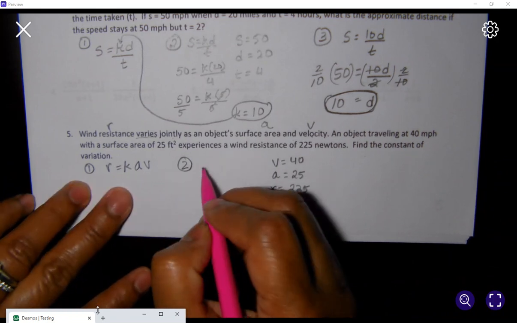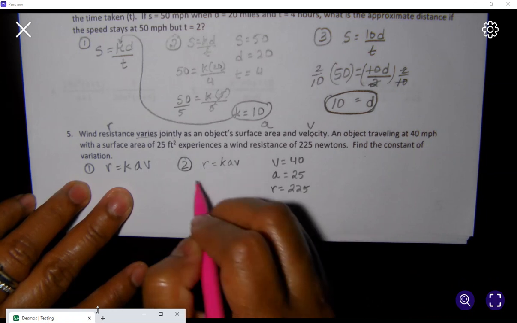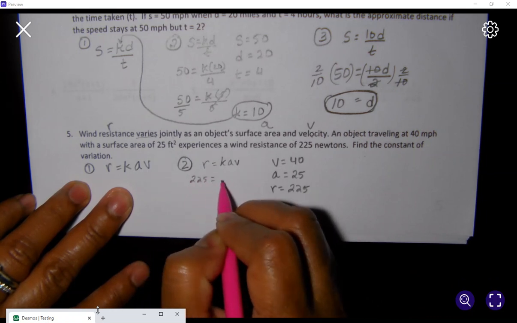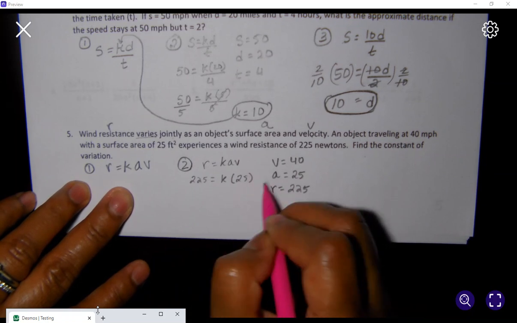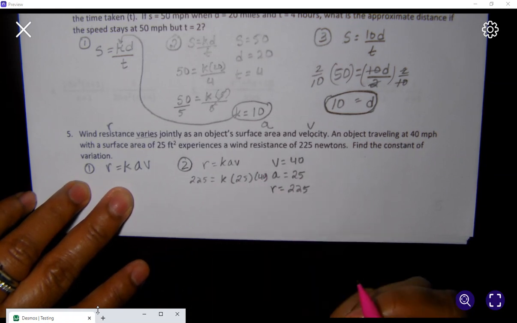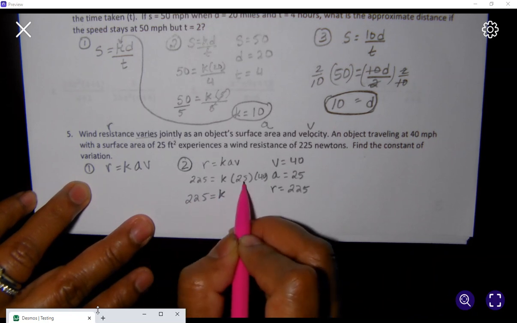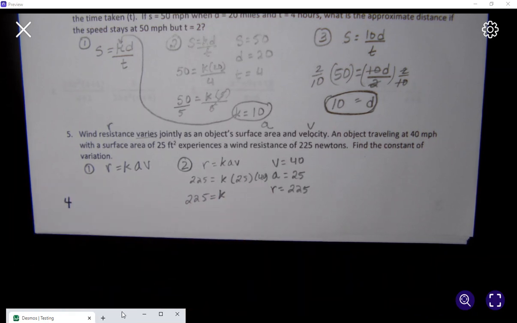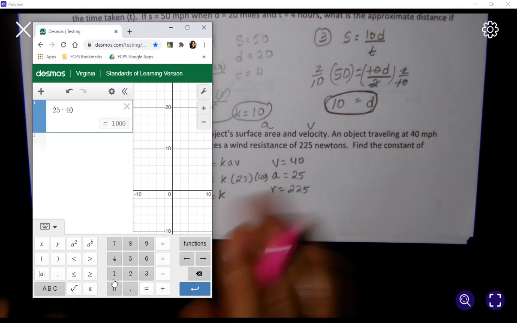So to find the constant of variation, I'm going to bring this over so I can plug in my numbers. So you have R equals 225. k, A is 25. And then V is 40. And then I'm going to go ahead and simplify this. 25 times 40 is 1000.